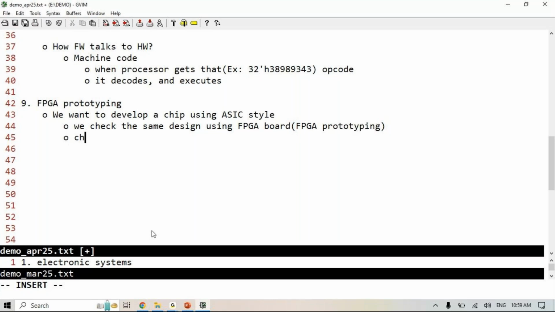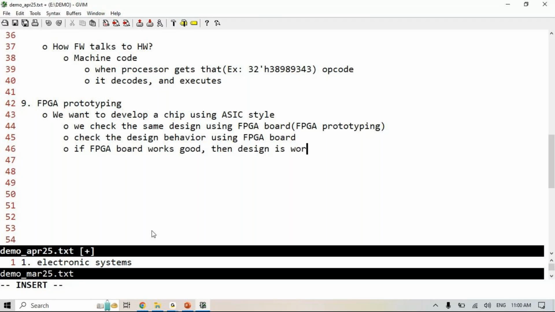Check the design behavior on that FPGA board. If the FPGA board functions fine, works well, then the design is good, right? Design is working fine. Then go for ASIC production. That will give you confidence, right?